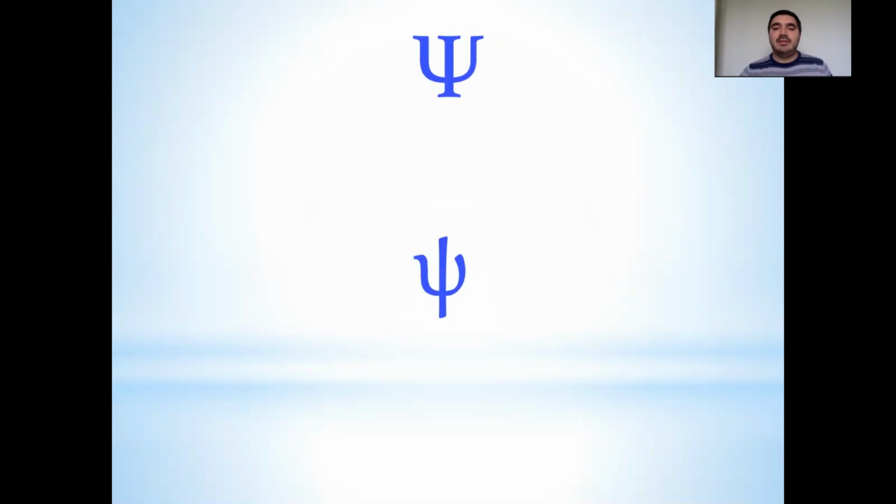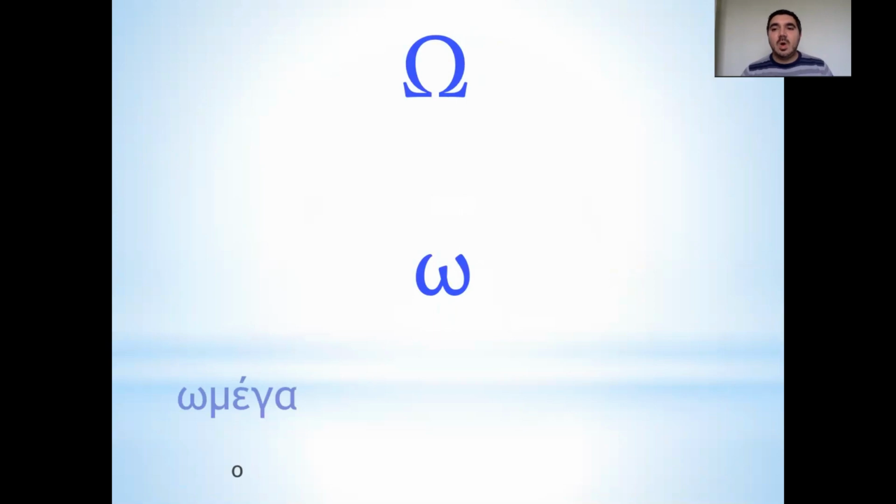Then we have the letter Psi. And finally, as everybody knows, the last letter of the Greek alphabet is Omega. We know Alpha, Omega.